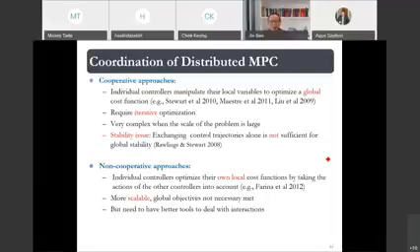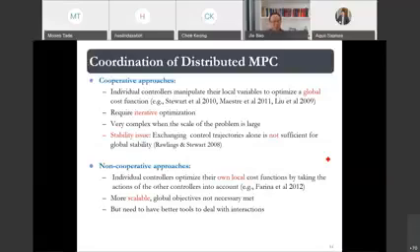Another approach is called the non-cooperative approach. In the non-cooperative approach, individual controllers optimize their own local cost function, but they don't optimize a global cost function. And this is more scalable. However, it does not optimize the global objectives.